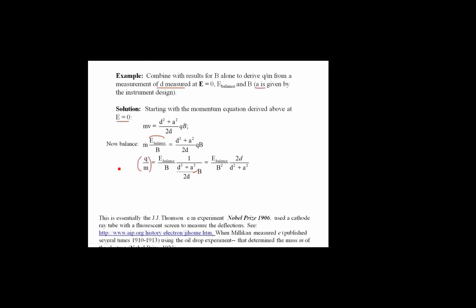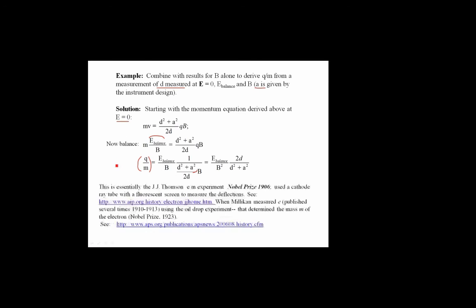Okay, so before people knew a lot about the atom, this was a fairly important measurement. Realize what you've got. You have a neutral particle which you ionize, and if you ionize it to just one Q, so one electron removed, or if you have an electron, then you can use this measurement to determine the charge to mass ratio.